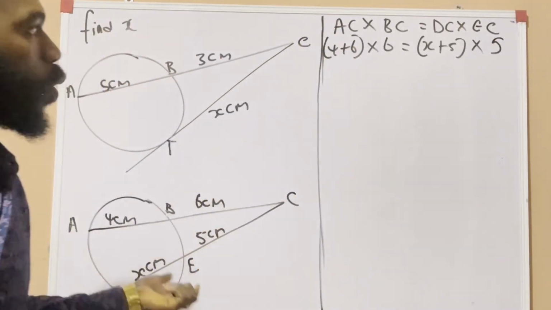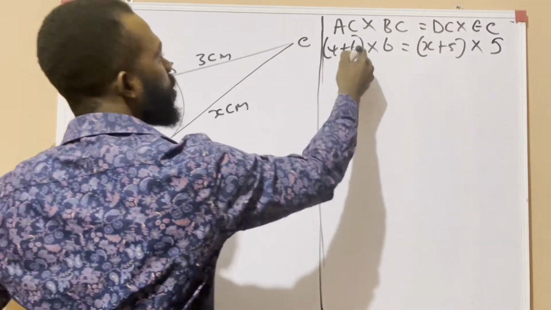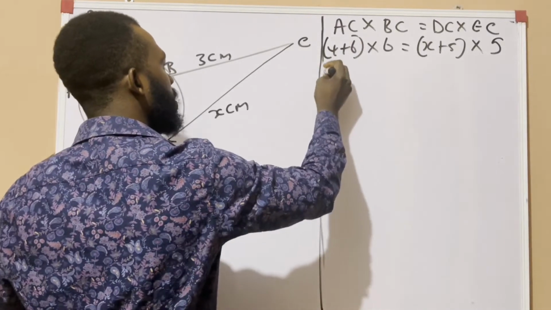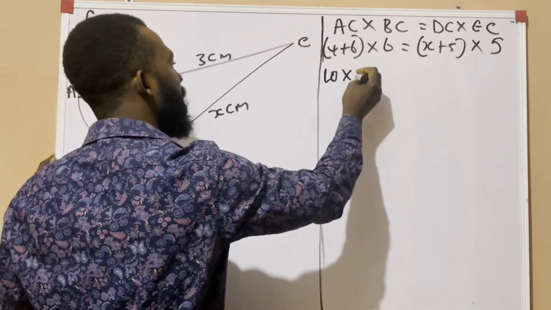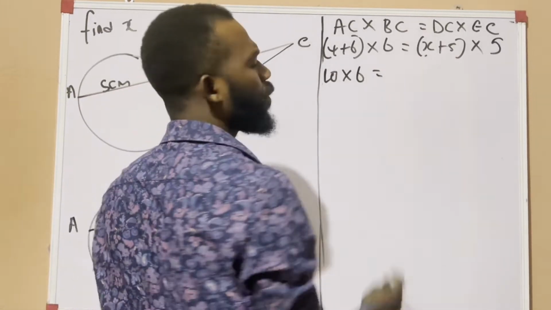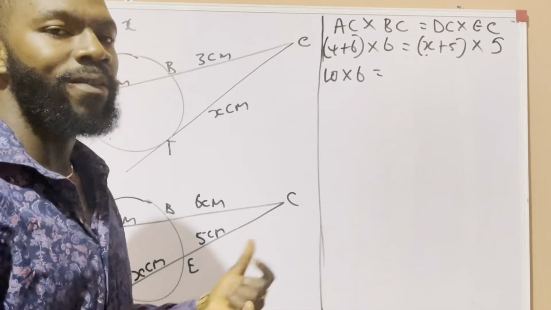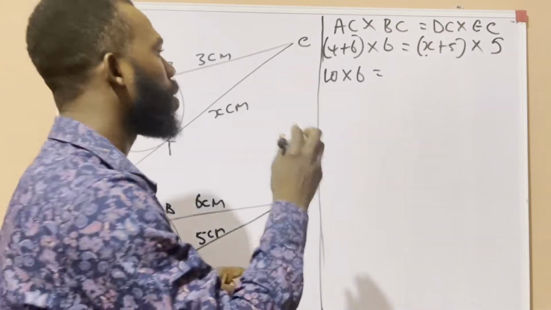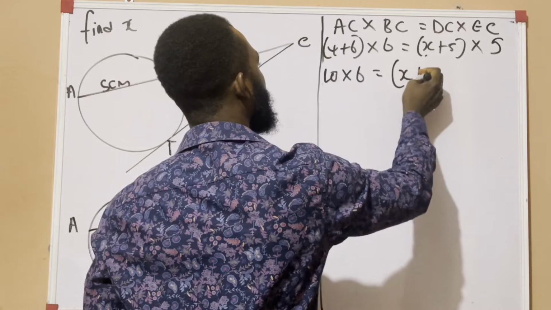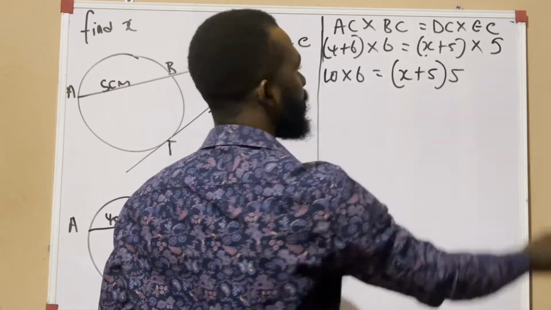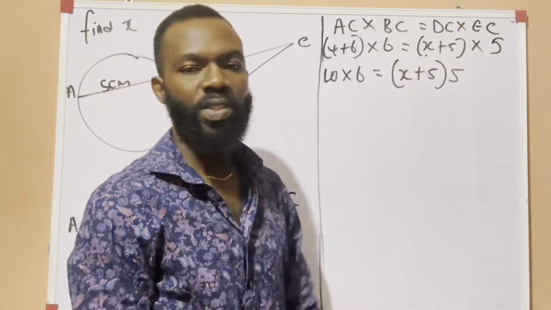So when we go with this, 4 plus 6 gives us 10 multiplied by 6. And x plus 5 cannot be added because x and 5 are unlike terms. So we are going to have x plus 5, bracket 5, because bracket also means times.